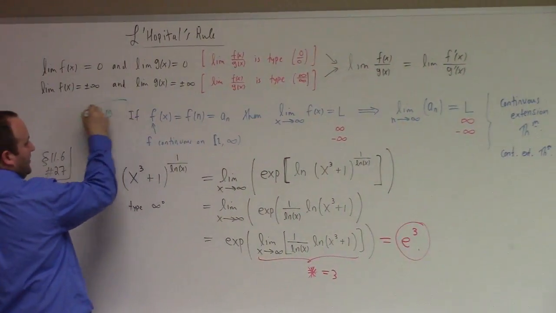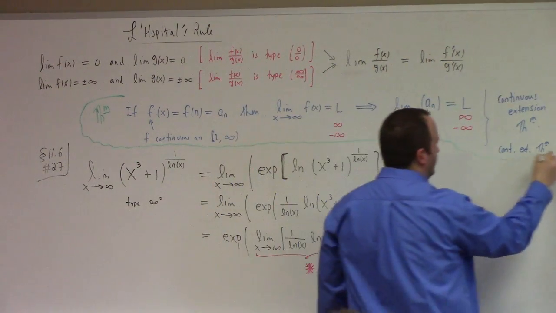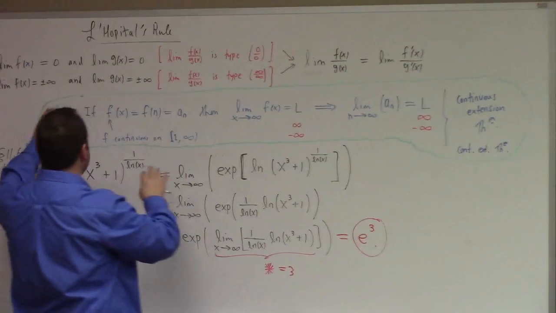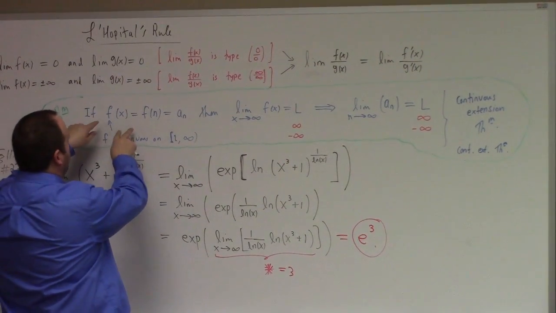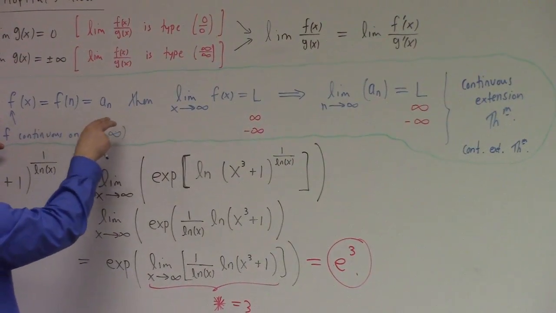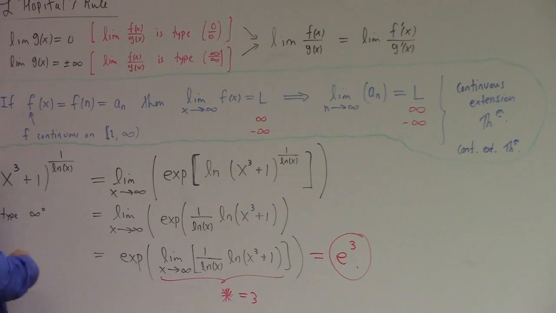Theorem. Let me put a bubble around it. Basically, if you have a function f of x, and it matches f of n, and I really should have a qualifier here. For which n?